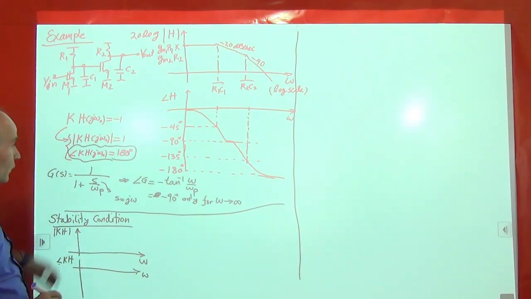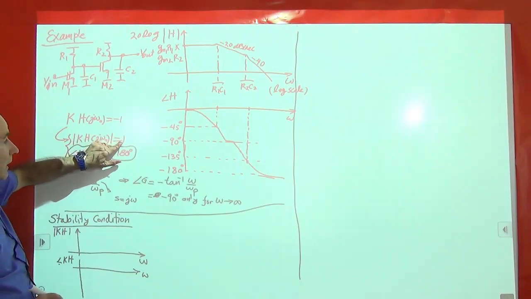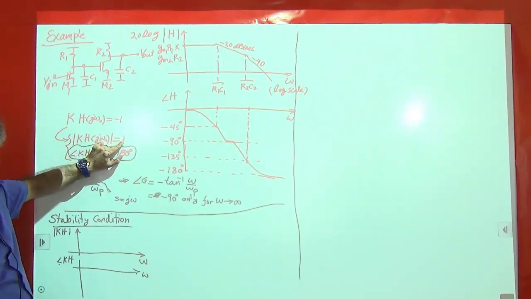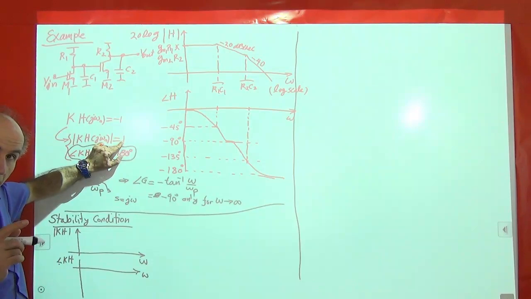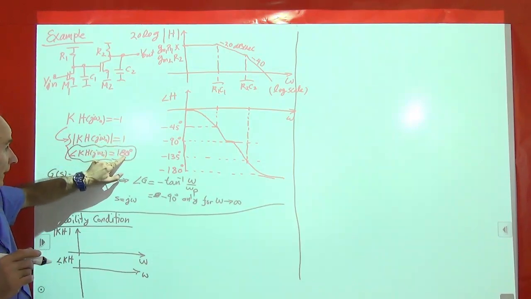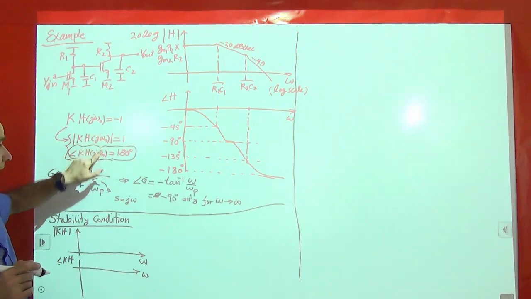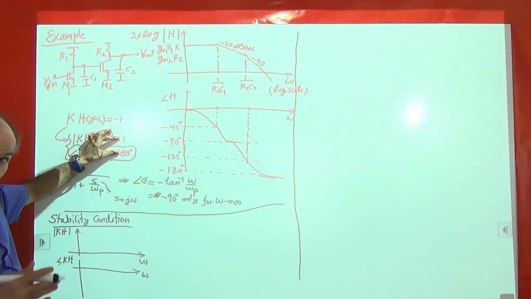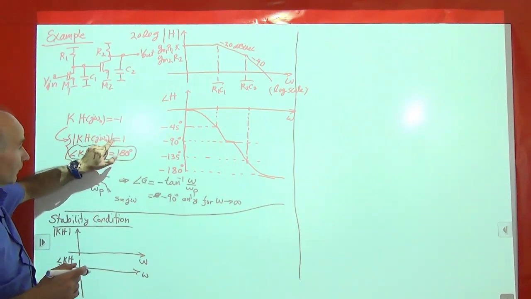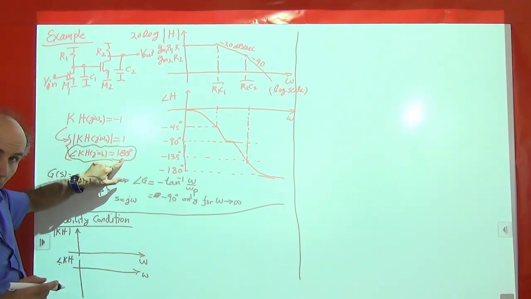We said the magnitude must not be 1 or higher when the phase is 180 degrees. So if you pick any frequency, at that frequency we must not have both of these satisfied: the magnitude greater than 1 and the phase 180 degrees.